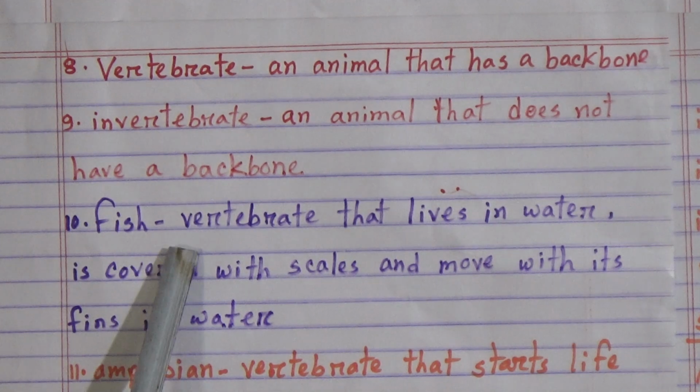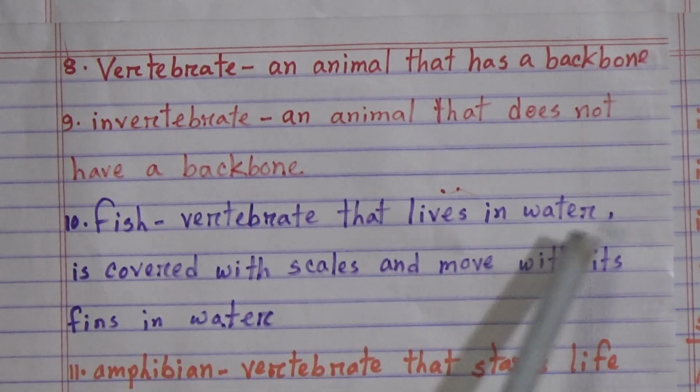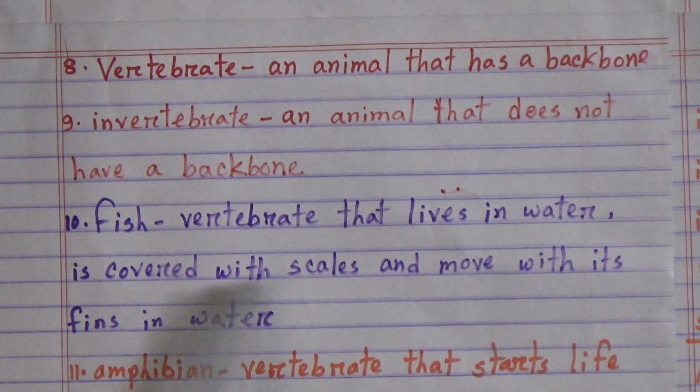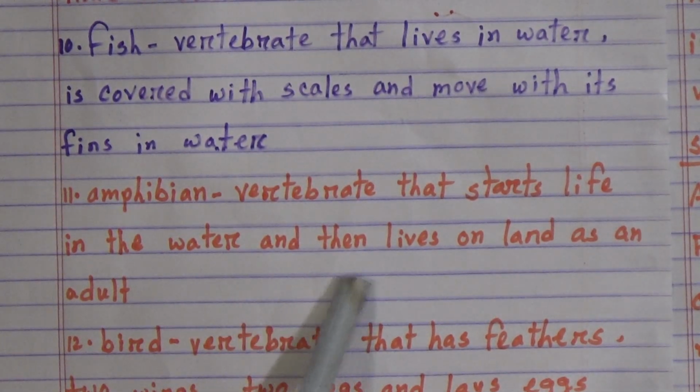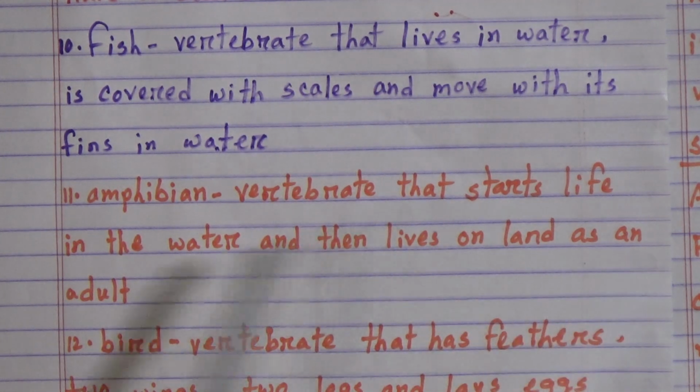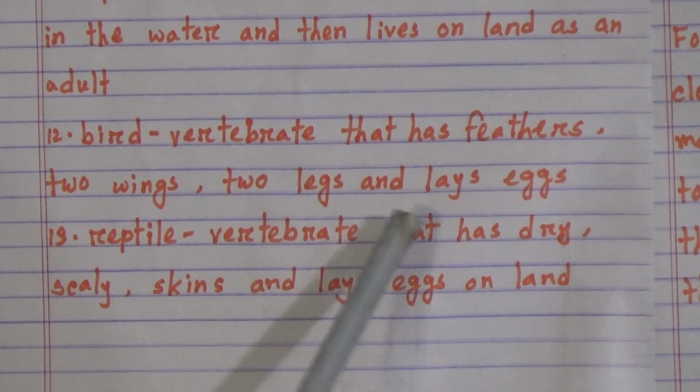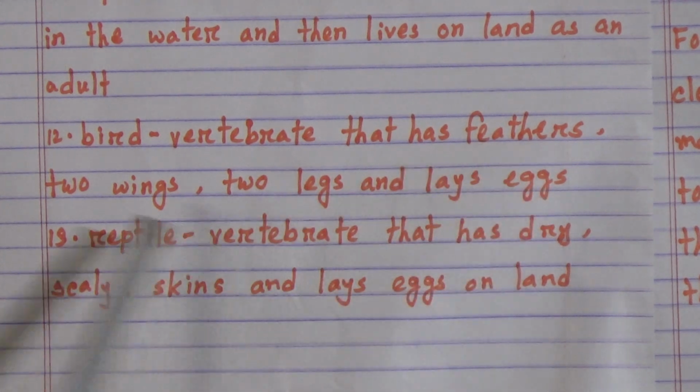The meaning of fish is vertebrate that lives in water, is covered with scales and moves with its fins in water. Number 11, amphibian. Vertebrate that starts life in the water and then lives on land as an adult. Number 12, bird. The meaning of bird is vertebrate that has feathers, 2 wings, 2 legs and lays eggs.